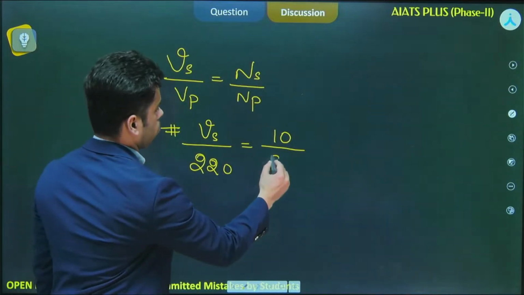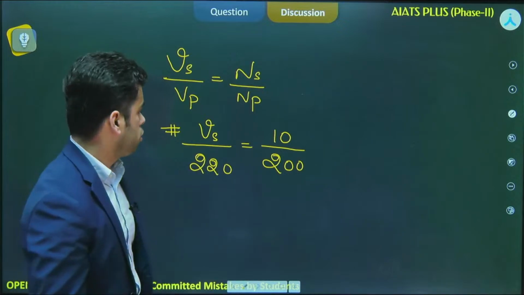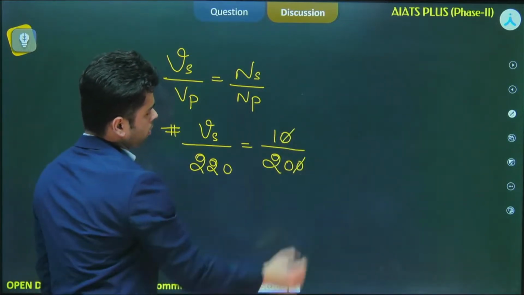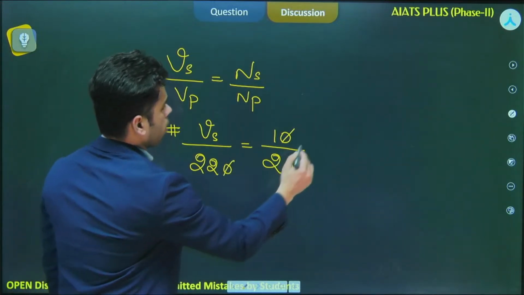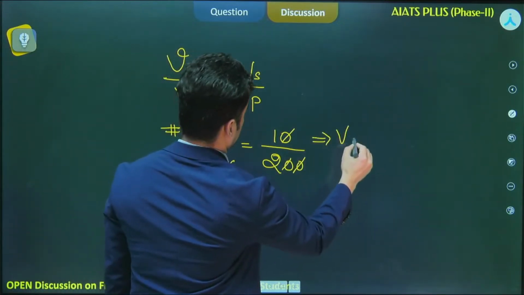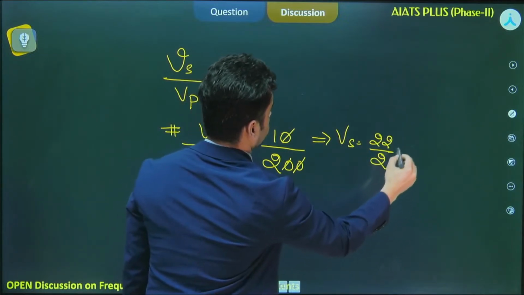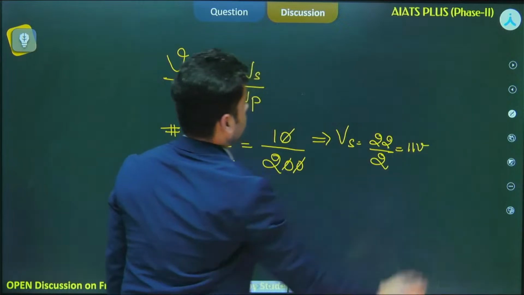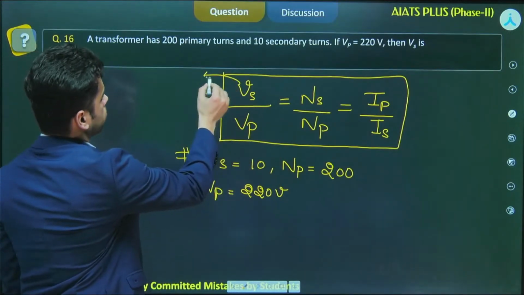Now the problem is a simple problem. You just need to do the calculation part. So Vs is coming out to be equal to 22 by 2, that is equal to 11 volt.